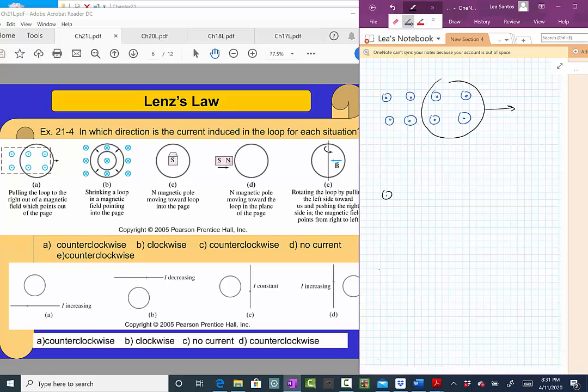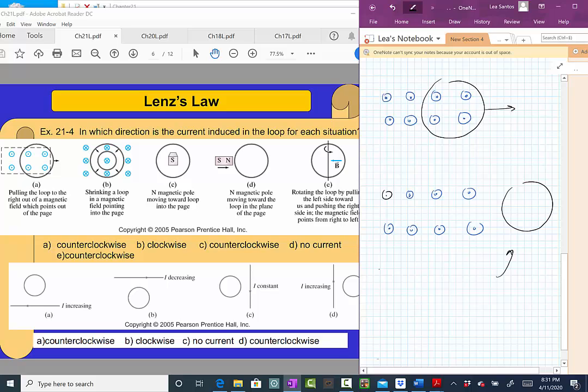Okay, so we are going to come to the next case where our magnetic field is still the same, not touched, right? But we moved our loop away. Okay, so with that we are going to induce a current because we have a change. Here in the top we had magnetic field. Now here we don't see the magnetic field through the loop. So we are going to induce a current to oppose this change.